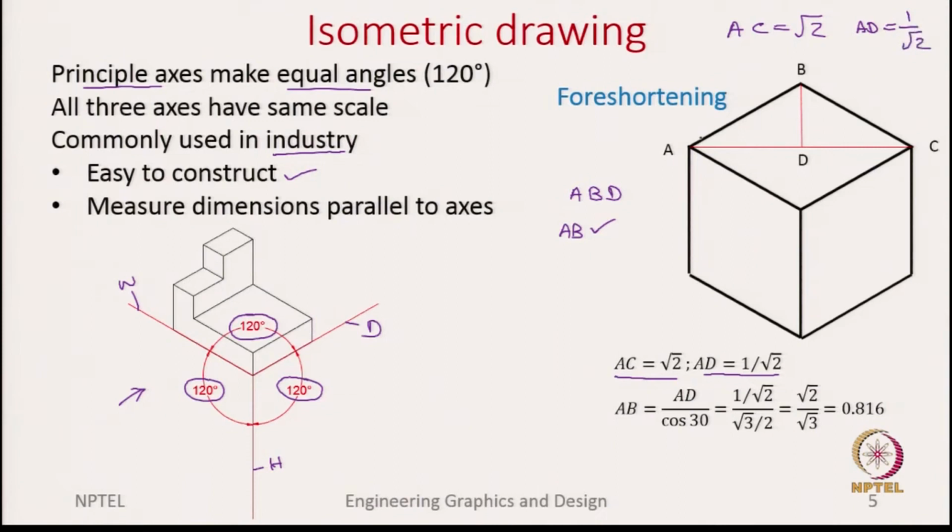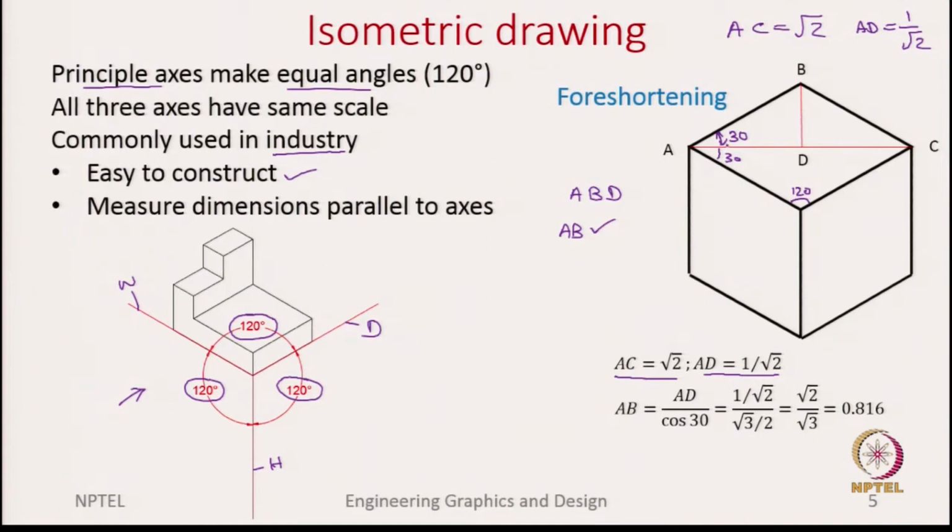So, how can I find AB? Looking at this geometry, can you guess what this angle is? We have already shown that this angle is 120 degrees. So, this will be 30 degrees, and because of the symmetry, this is also 30 degrees.